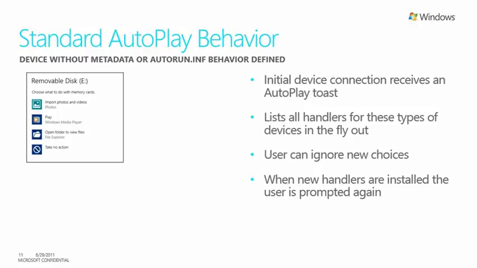The user can ignore the new choices moving forward if they select take no action. Or when subsequent AutoPlay handlers come online, or new apps are downloaded that can handle those file types or device types, those would provide a user prompt to allow them to select that new app if they want to.